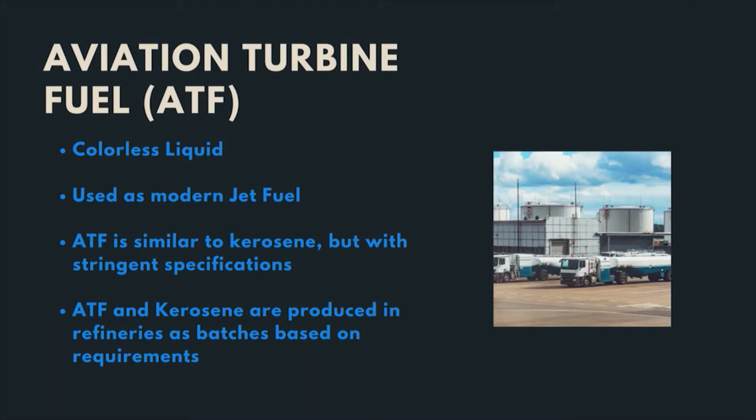For example, for 15 days the entire refinery may be producing kerosene, and the next 15 days aviation turbine fuel. Not both products at the same time, because both are withdrawn from the distillation column at the same location, and there is only one hydrodesulfurizing unit used to remove impurities from either kerosene or aviation turbine fuel.